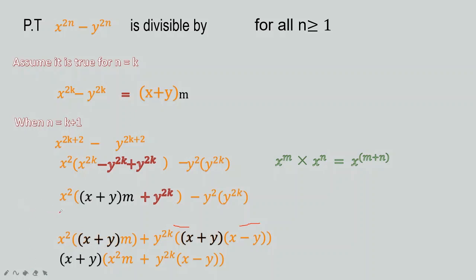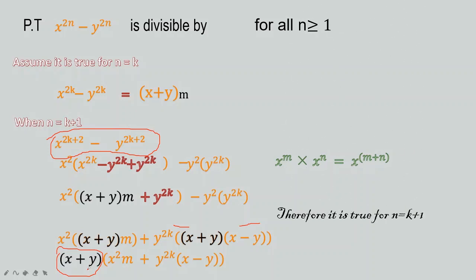So do you see, students, that I could take x plus y out as a common factor. Therefore this expression, x to the power 2k plus 2 minus y to the power 2k plus 2, is of course divisible by x plus y.